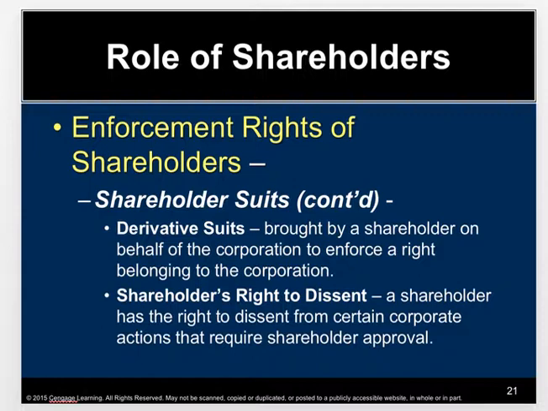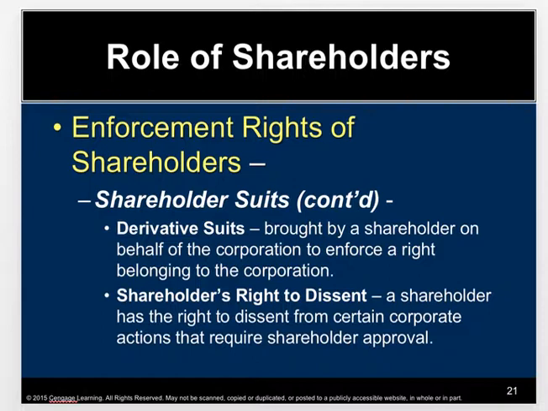What's interesting about derivative lawsuits, and what needs to be understood, is that the shareholder is not suing in their own name; they're suing in the name of the corporation, on behalf of it. Since the officers, who direct the corporation and would normally have the right to bring the lawsuit, are not doing it, the shareholders are doing it on behalf of the corporation.